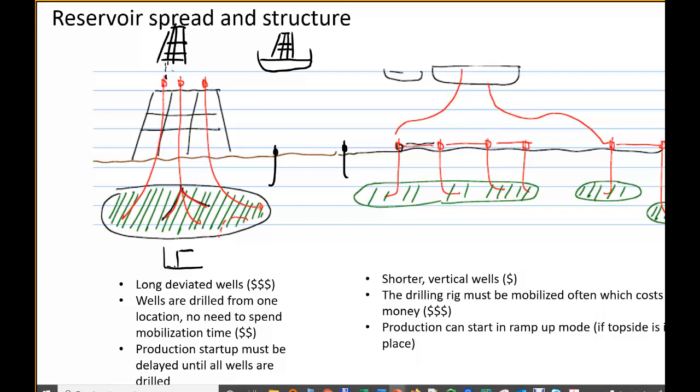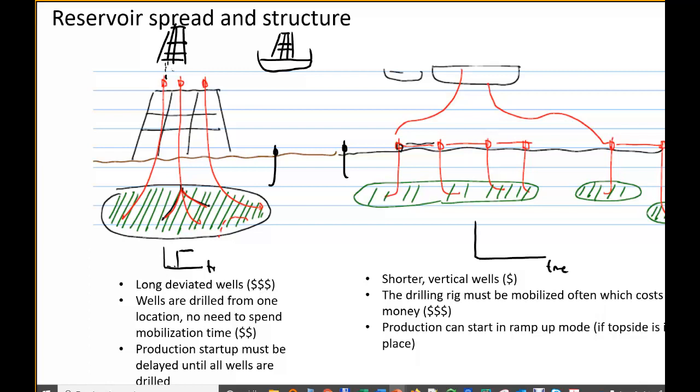Okay. Well, if they are more spread, then you usually use subsea wells. Okay, which means you don't have to make them too deviated, but they can be shorter and vertical, and then simply the horizontal section, which is cheaper. But the drilling rig then has to be mobilized, transported, placed on top of the well, and then the well has to be drilled. But here, if you have already the topside in place and the pipelines in place, then you can see this production profile.